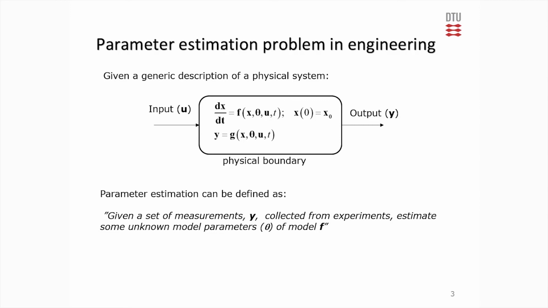As such, parameter estimation is an inverse problem that can be defined as: given a set of output measurements y, estimate some unknown parameters θ of model f.